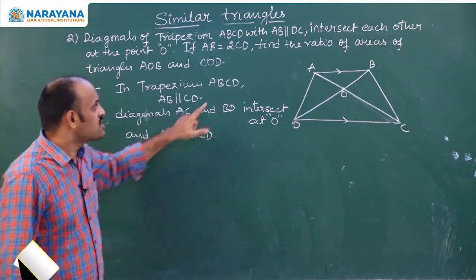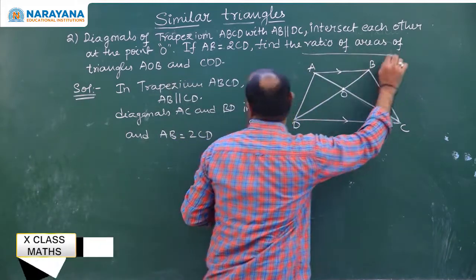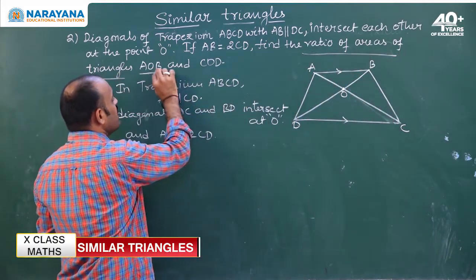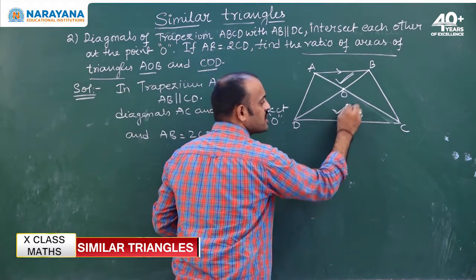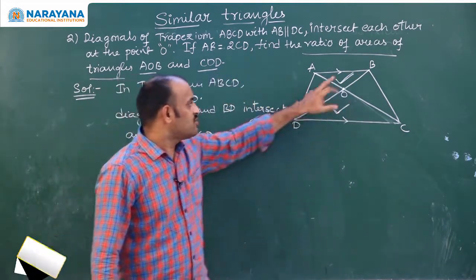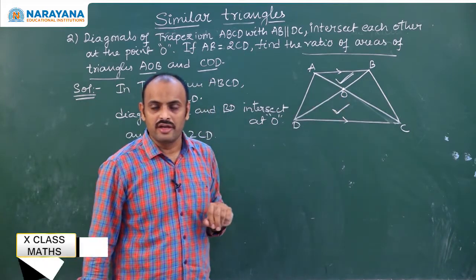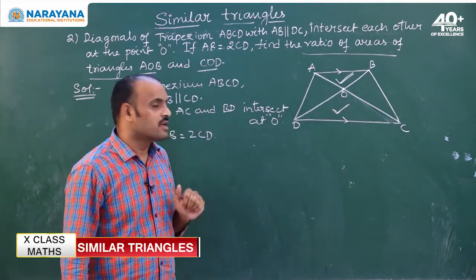Now the question here is, find the ratio of area of triangles AOB and COD. This is triangle AOB and this is triangle COD. Ratio of these two areas they are asking to find.